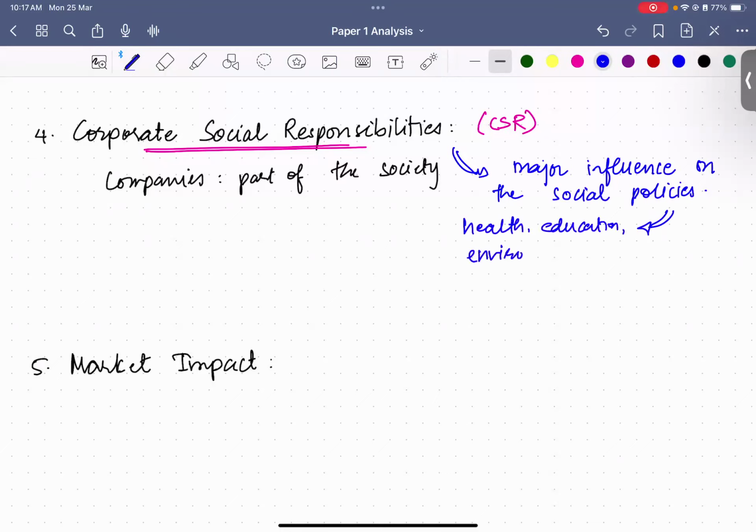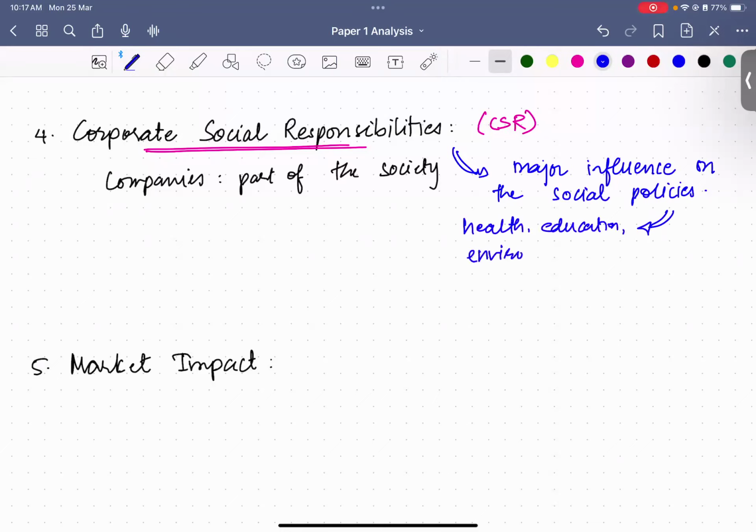They want to be involved in the governance process. They want to have a multiple stakeholder approach. So this is their need.